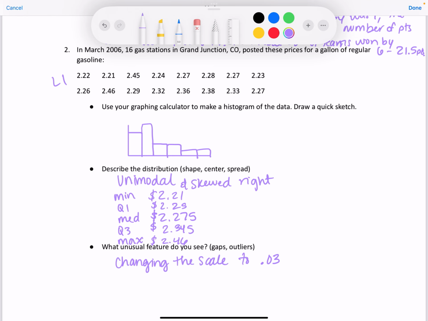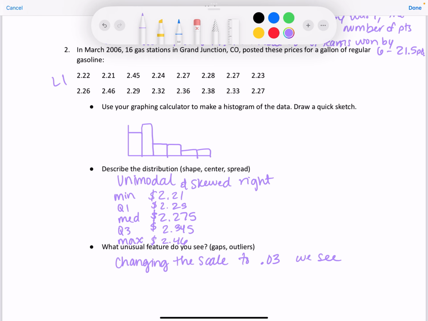Now what do you see when you hit graph? Did you hit zoom 9 again? Yes, that's why. You just reset it.